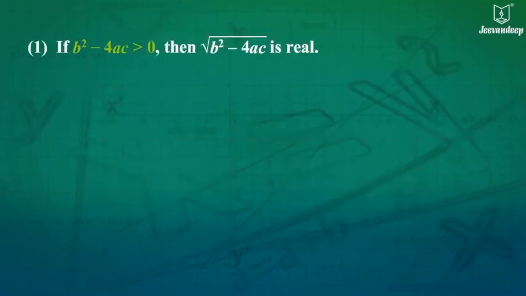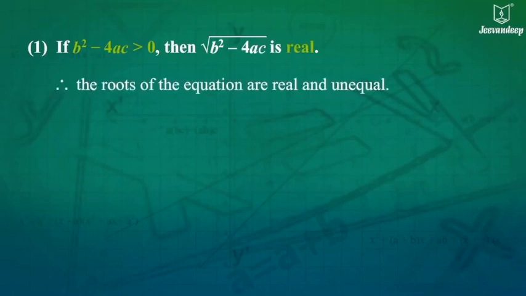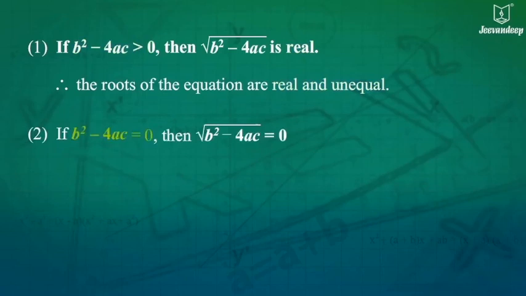If b² - 4ac is greater than 0, then the square root of b² - 4ac is real. Therefore, in this case, the roots of the equation are real and unequal. If b² - 4ac equals 0, then the square root of b² - 4ac equals 0.